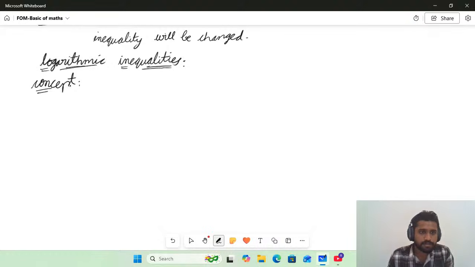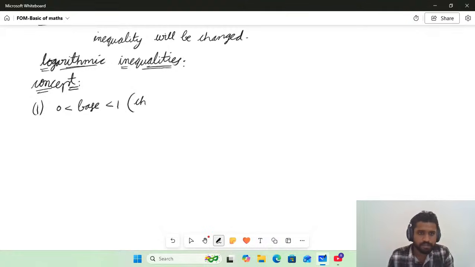The concept is very simple here. What is the concept? If the base is lying between 0 and 1, change the sign of the inequality.